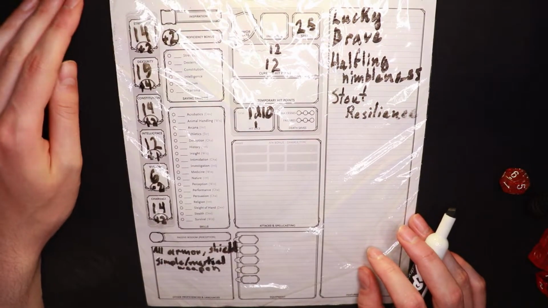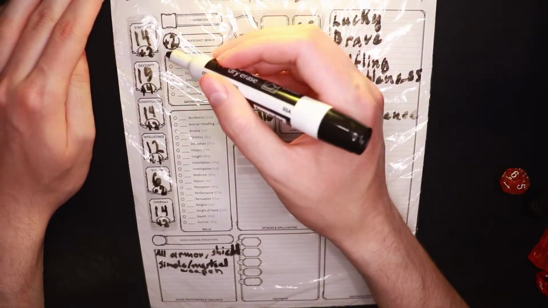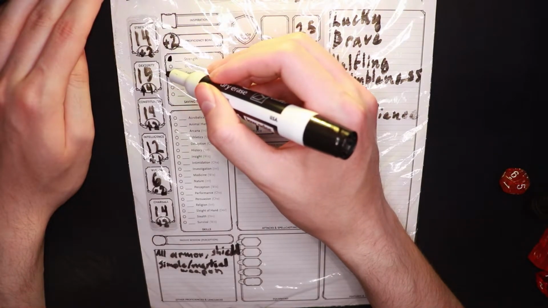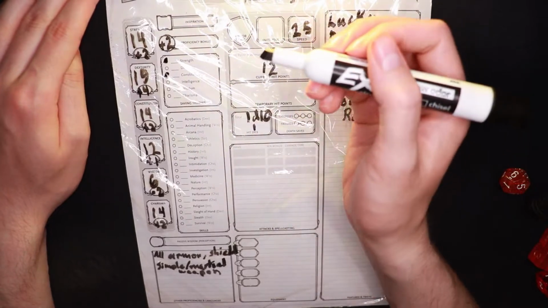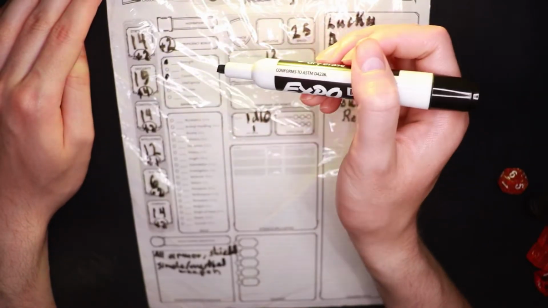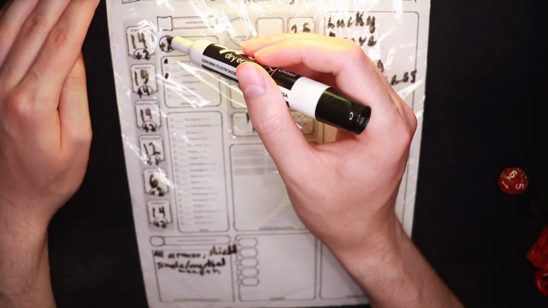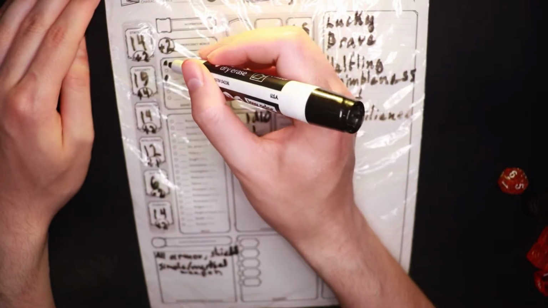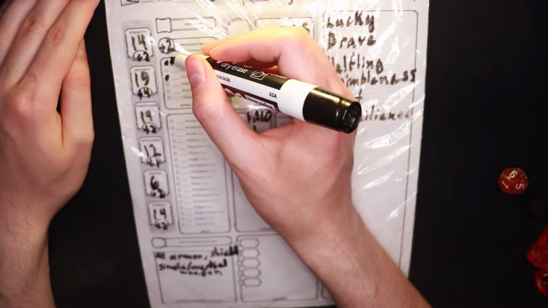Now your saving throws. So you have proficiency in strength and constitution. So for strength, you're going to take your modifier +2, and since you're proficient, you're going to add the proficiency bonus of +2. That's going to give us a +4.